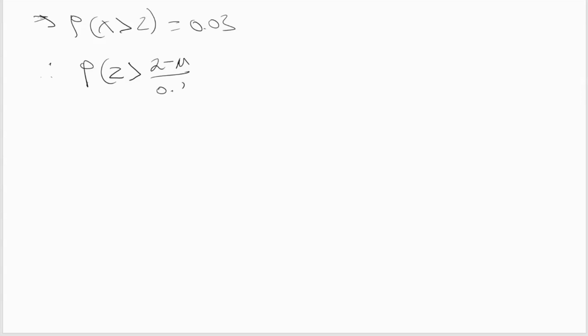Next, we can rewrite the probability of x greater than 2 equals 0.03 in the Z form. So the probability of Z is greater than (2 minus mu) over 0.1 is equal to 0.03. Again, remember we want to find the area to the left.